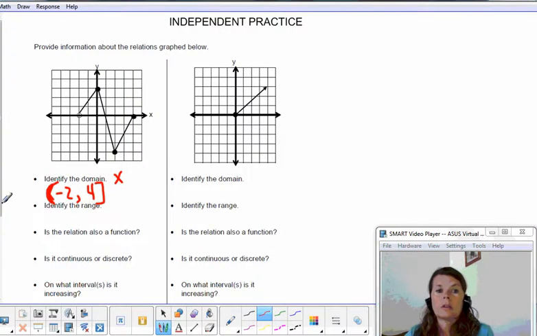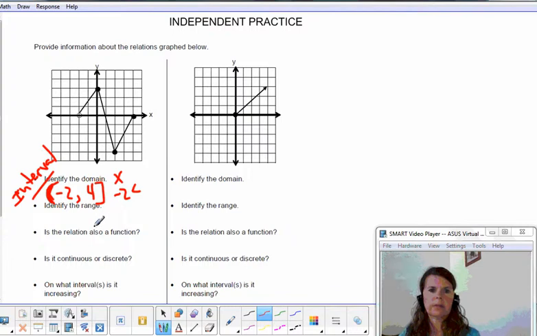Now, there's a second way you need to know. This is called interval notation, and the other way is just inequality notation, and you also need to know inequality notation. So inequality notation looks like this. You write -2 is less than, your arrows will always point to the left because your lower number goes to the left, the arrows point to the smaller number, and we're doing x because it's domain.